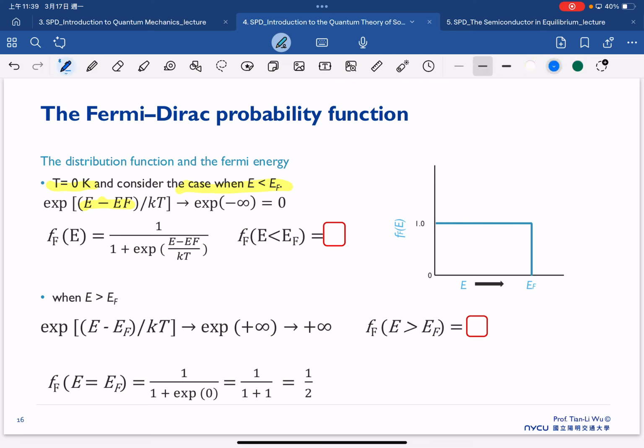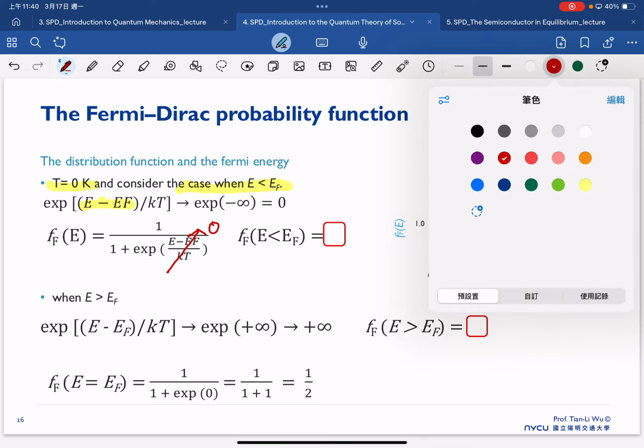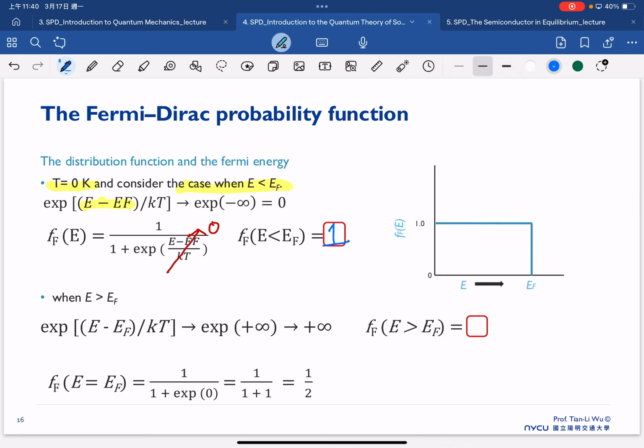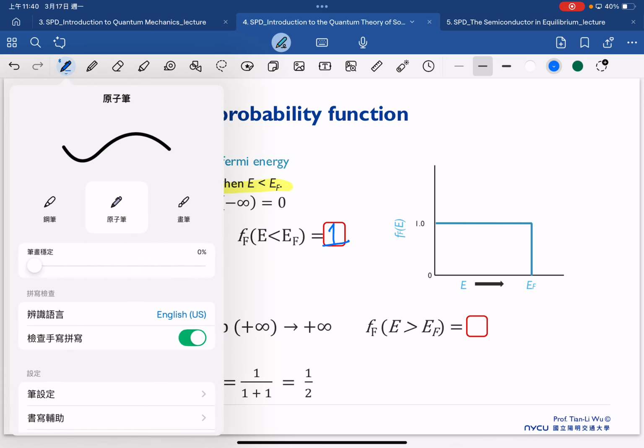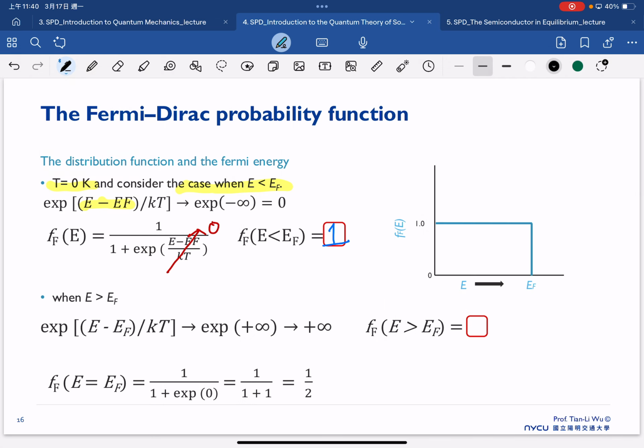Then the probability here will be equal to 1, which means that the probability when the energy is smaller than the Fermi energy is all equal to 1, in the case of T equal to 0 K.